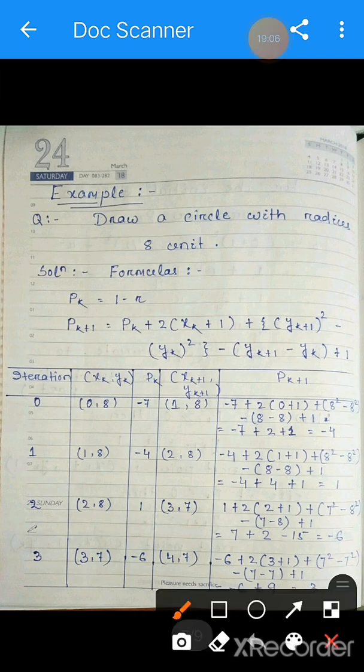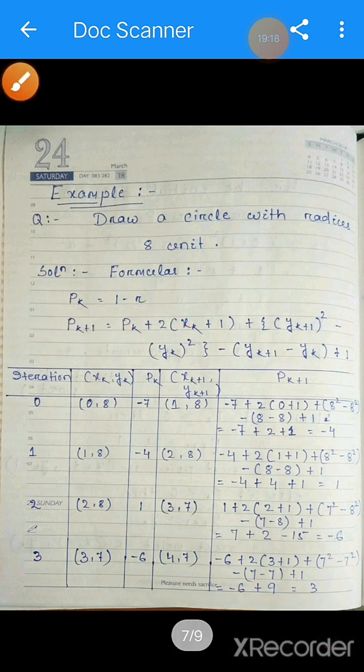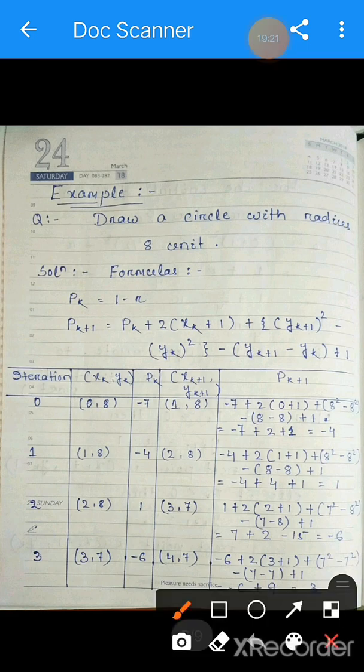The pk formula is 1 minus r, and the pk plus 1 formula is this one. So now here xk is 0 and yk is 8, radius is 8.